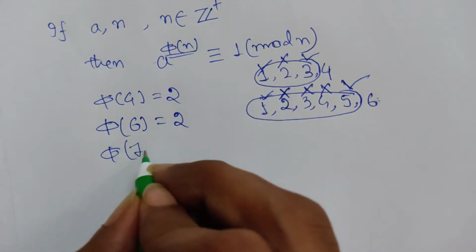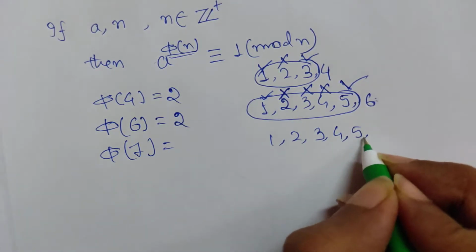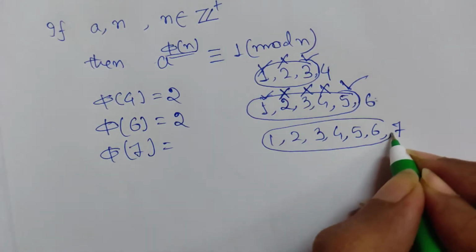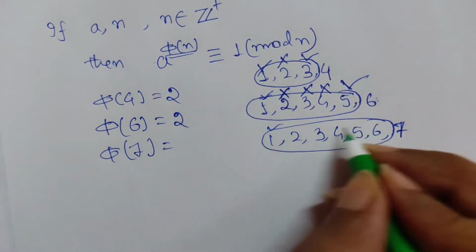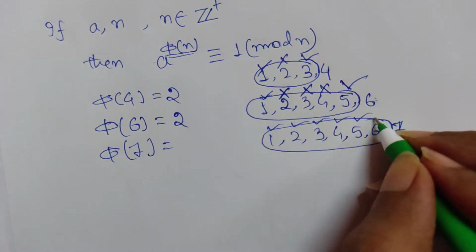Phi of 7: 1, 2, 3, 4, 5, 6, 7. We have to check all the possible values less than 7. 1 and 7, GCD is 1. 2 and 7, 1. 3 and 7, 1. 4 and 7, 1. 5 and 7, 1. 6 and 7, 1.